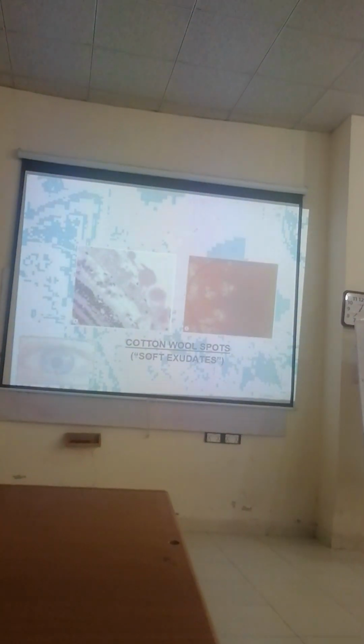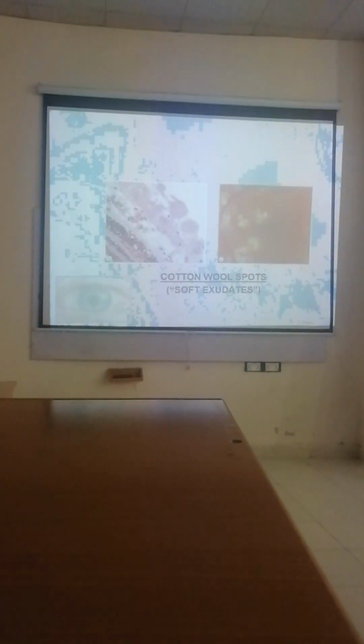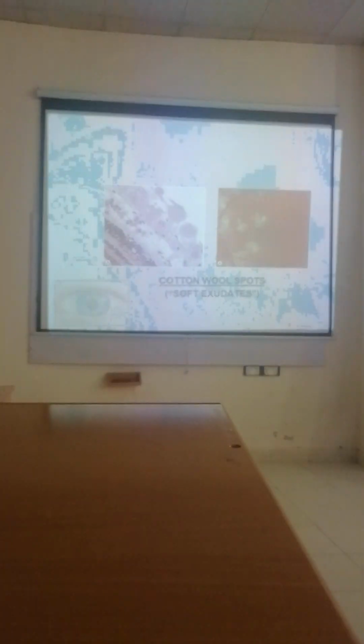Here ends the first. There are 3 stages of diabetic retinopathy. Number 1 is called background diabetic retinopathy, which we just learned.